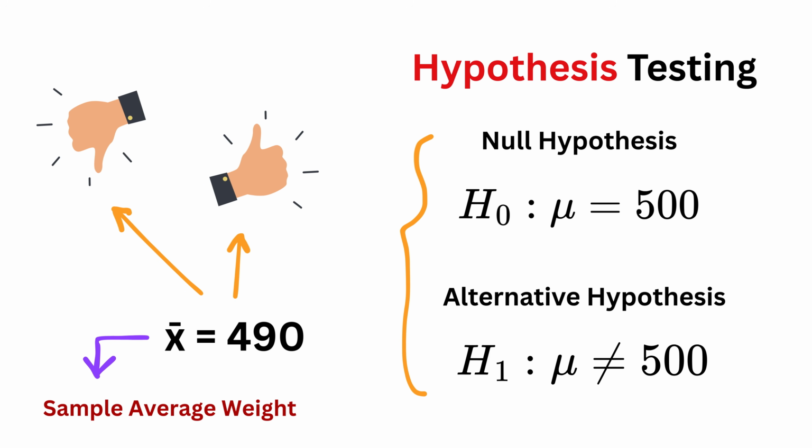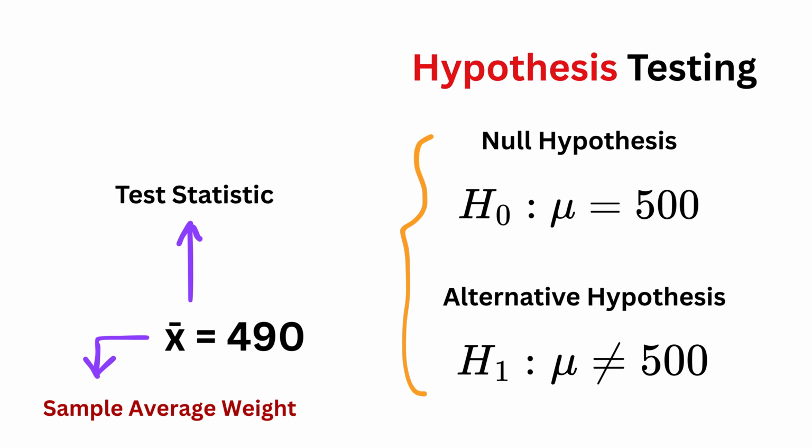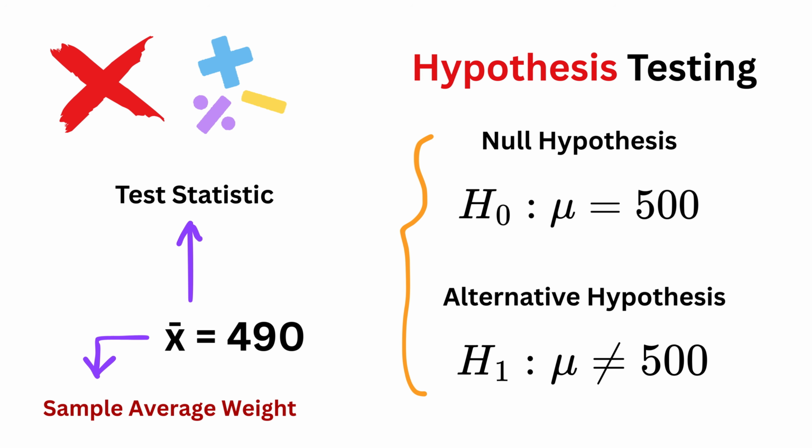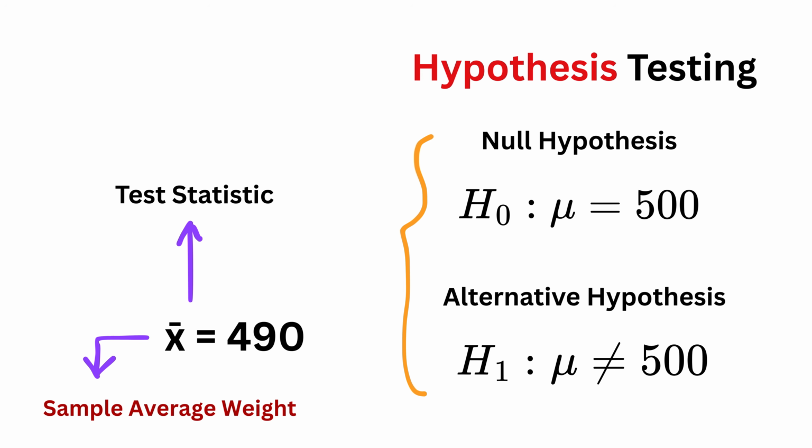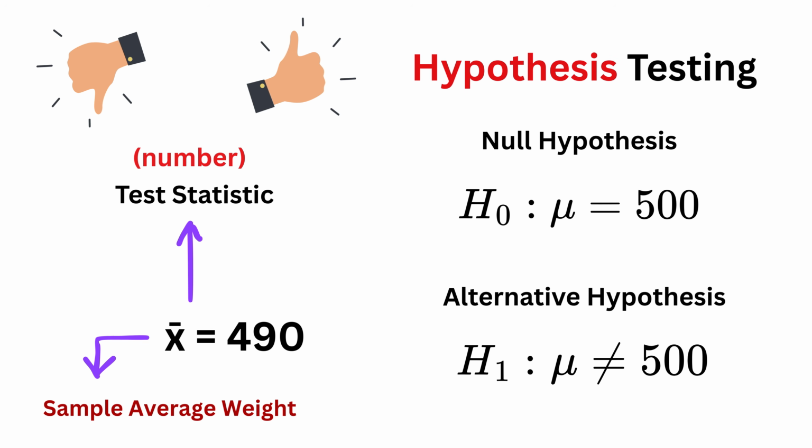What we do next is compute something called a test statistic. Now don't worry, we're not going to do any math here. Just understand that a test statistic is a number that tells you how far your sample result is from what was claimed in the null hypothesis. If the test statistic shows that your sample average is very close to 500, you're probably going to believe the company.